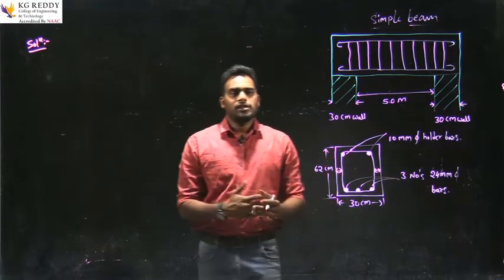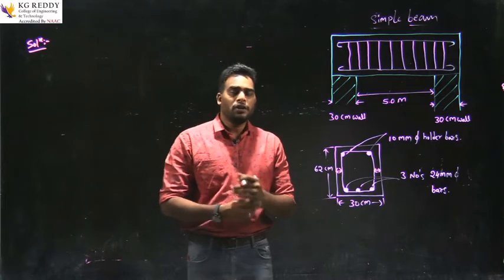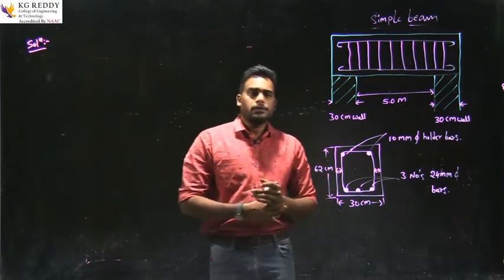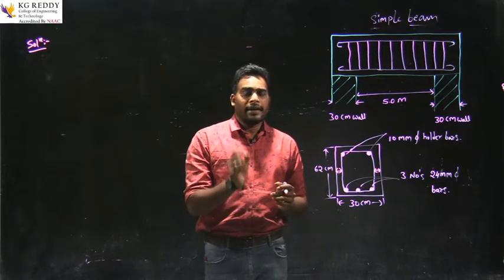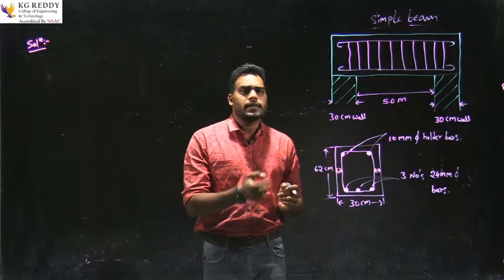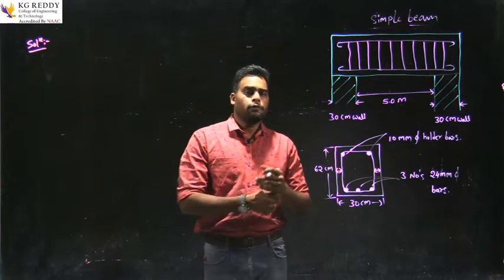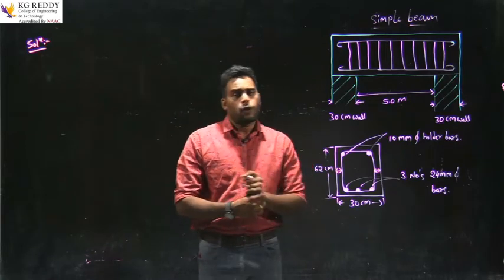If it is not mentioned in the question, we need to assume the end cover size. In beams and columns, we consider 2 centimeters end cover, otherwise called clear cover also. In the footing and column foundation, we consider 4 centimeters.